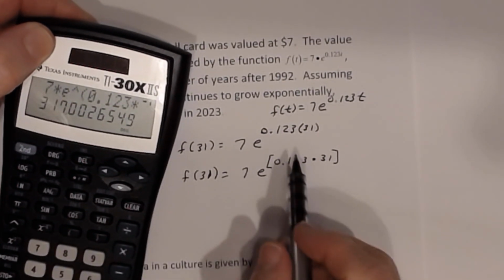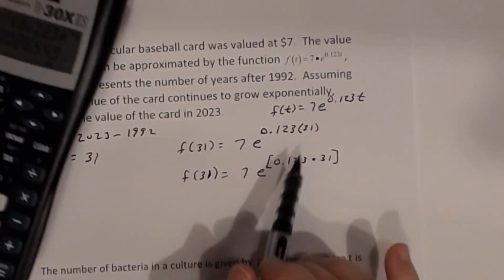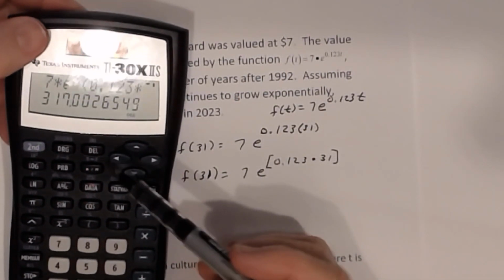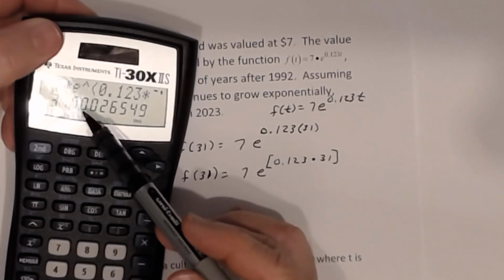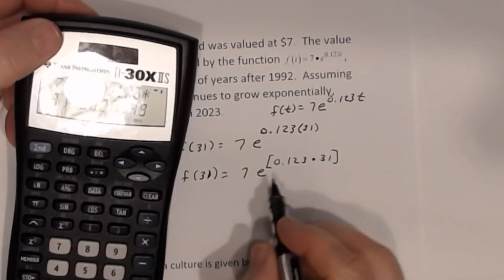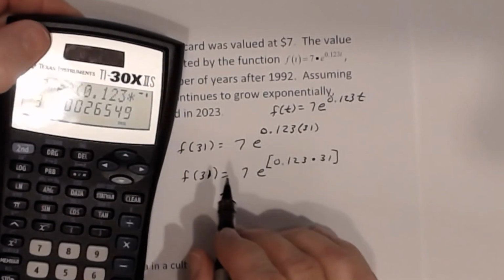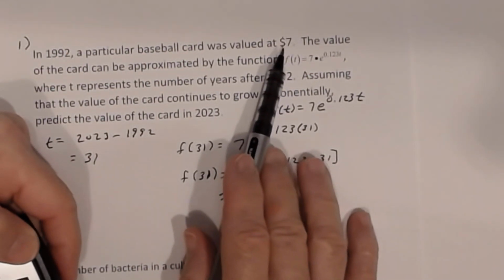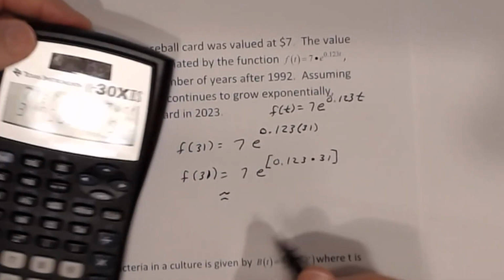And so let's go ahead and round this. It didn't tell you how to round off, so let's round off to the nearest whole dollar. So f of 31, so 31 years later, this baseball card that was worth $7 originally is now worth $317.